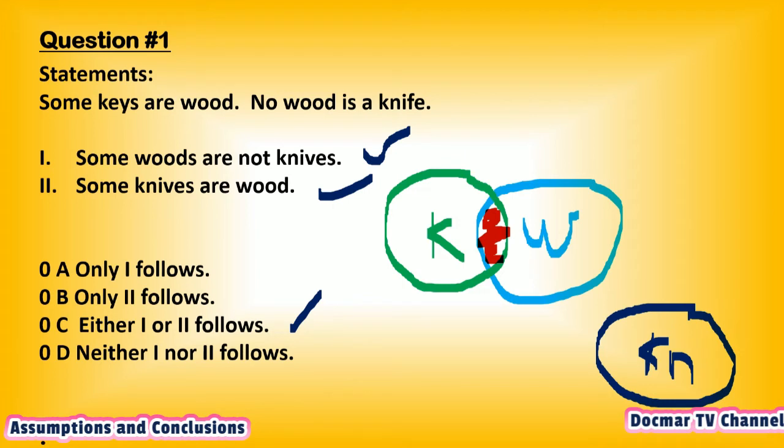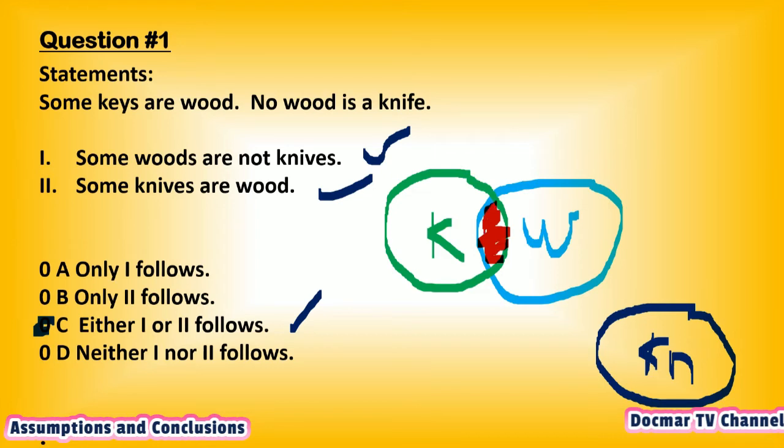So this one is okay. And of course, the answer is letter C, either some woods are not knives or some knives are woods. Now I hope you understand the very important use of these circles.